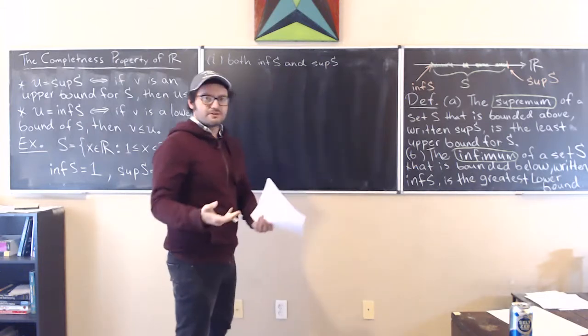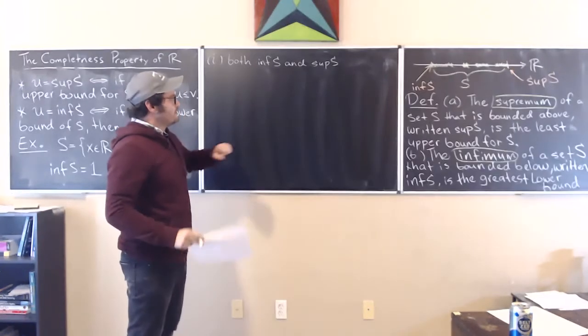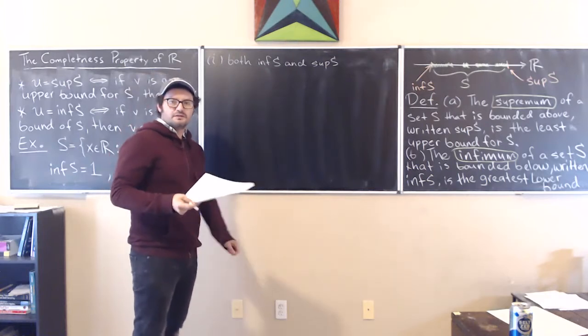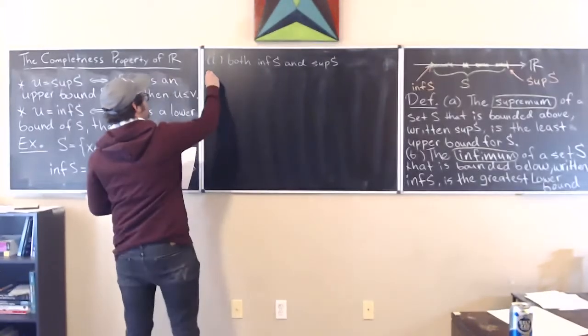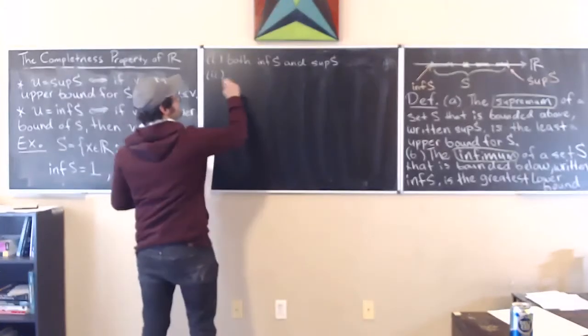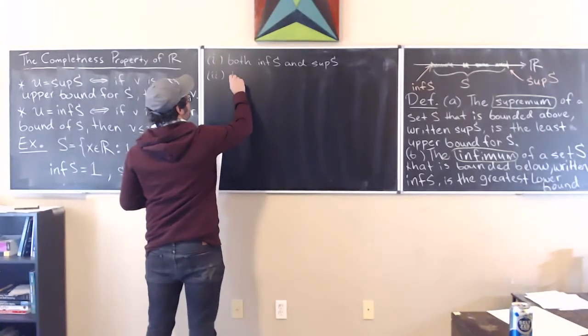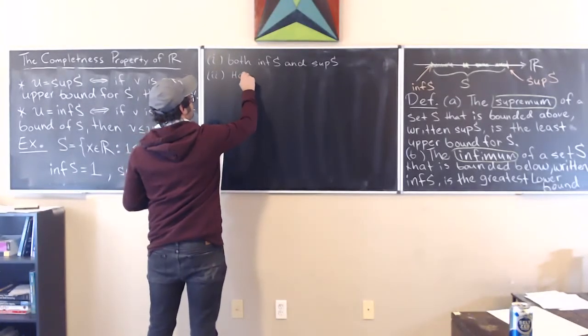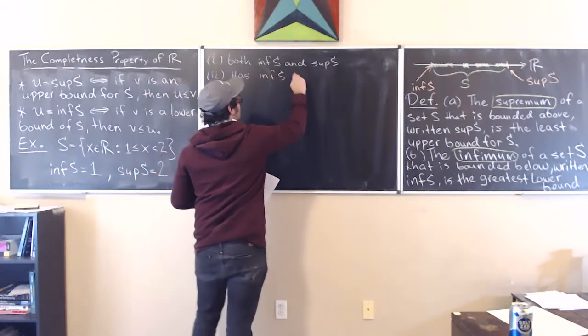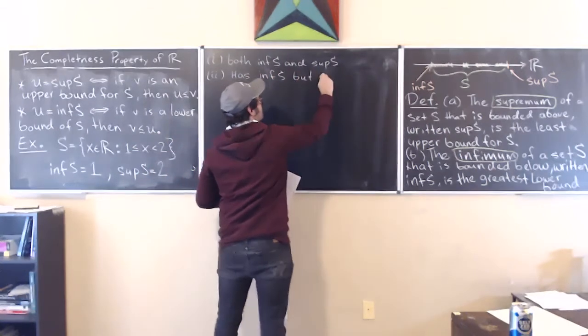And we will learn at the end of class that every bounded set has both the supremum and the infimum. The other possibility has an infimum, but no supremum.